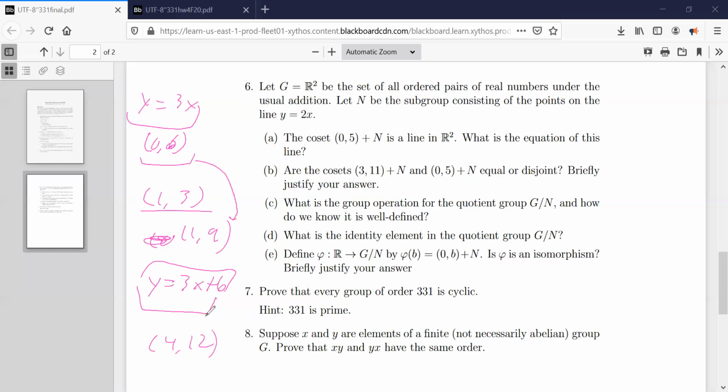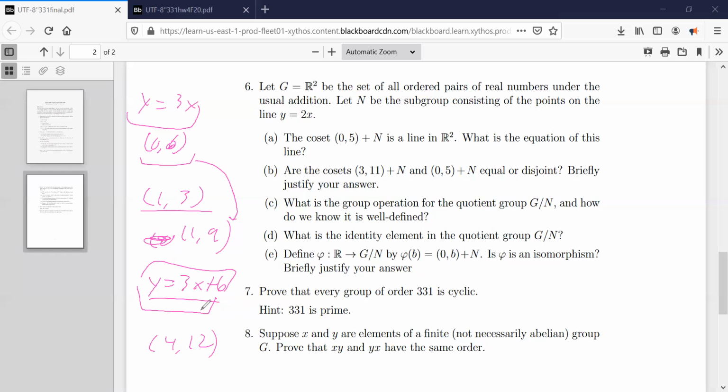You can just add the point to the coset and see if it gives you back the same coset? Well, yeah, so I literally just plug it into the equation that defines a given coset, and then I see if it satisfies it.